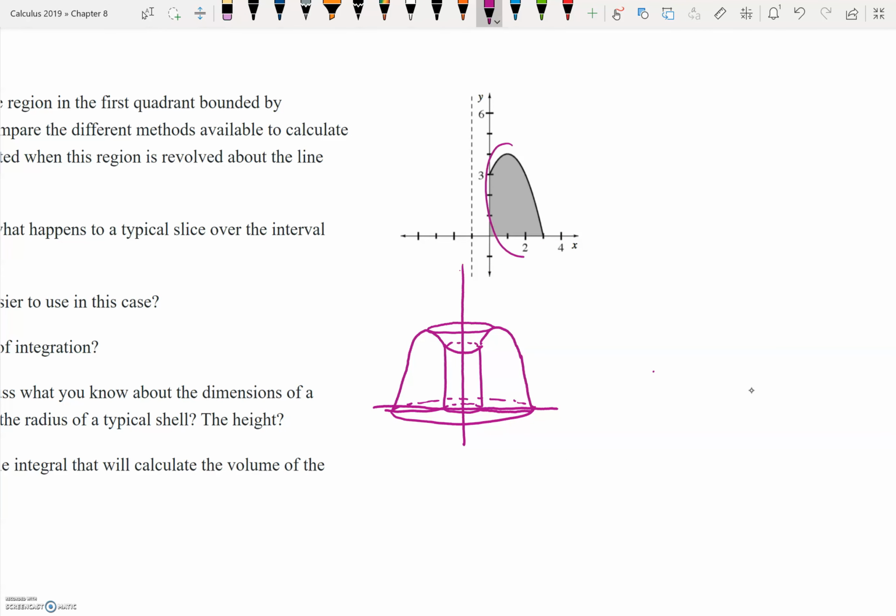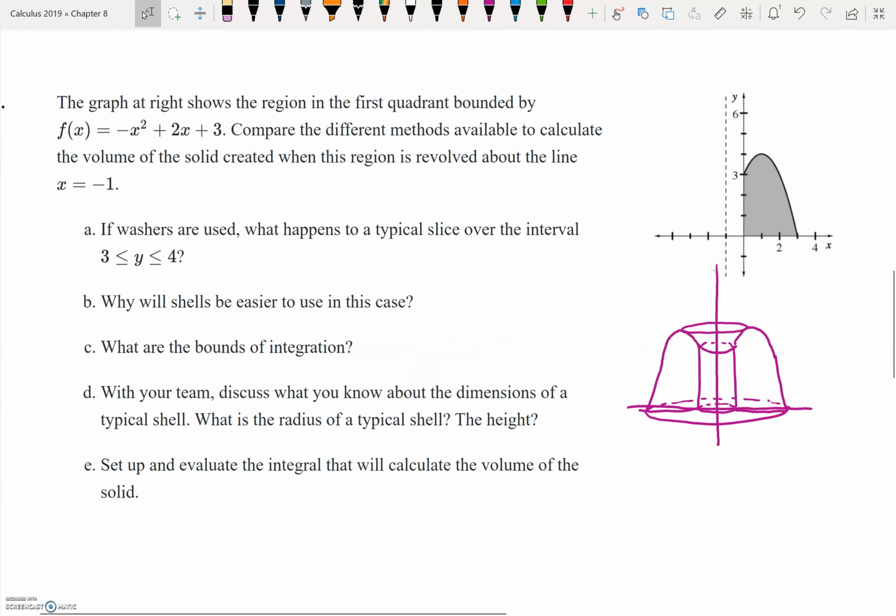So notice that our parabola is no longer touching 0, 3, it's actually touching 1, 3. And so instead of going to 3, 0, we're going to 4, 0. So we're shifting our parabola to the right 1 unit, which means that we need to take our function and also shift it to the right 1 unit.